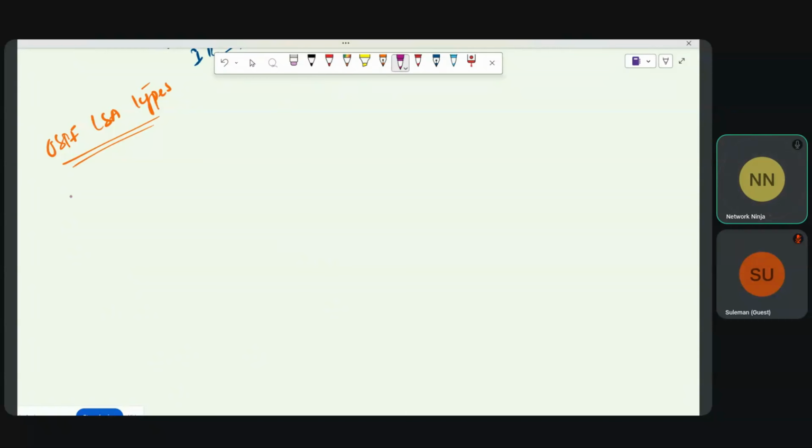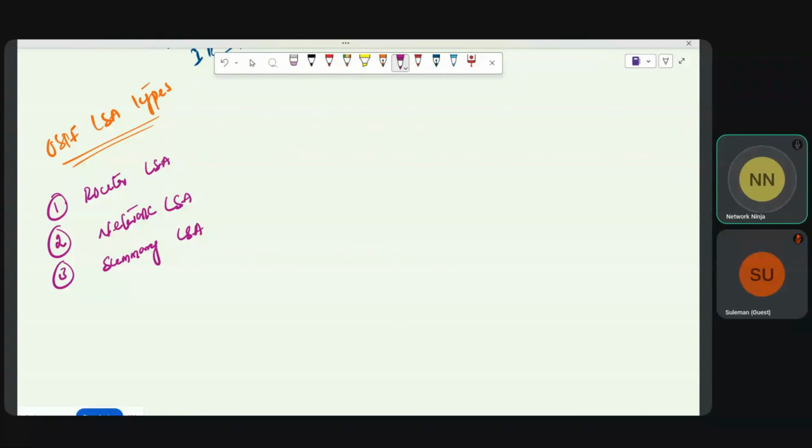In OSPF LSA types, the first LSA is a router LSA. The second LSA is a network LSA. The third one is a summary LSA. The fourth one is the ASBR LSA, and we have an external LSA, LSA5.